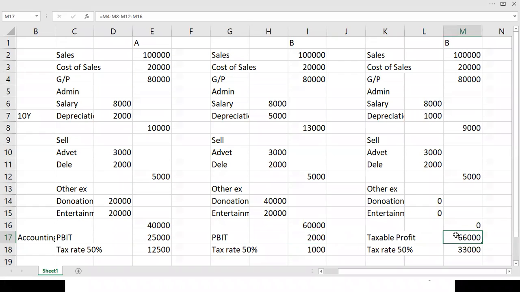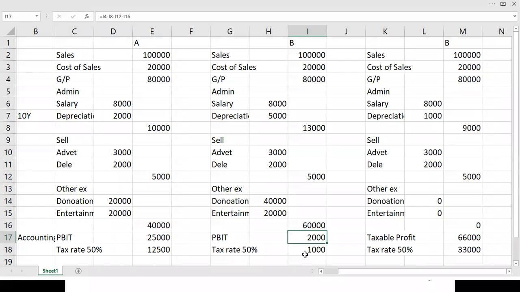My dear students, please respond to my questions. It's an interactive session, not a speech, like a classroom. So how much difference between accounting profit and taxable profit of B company? 64,000.